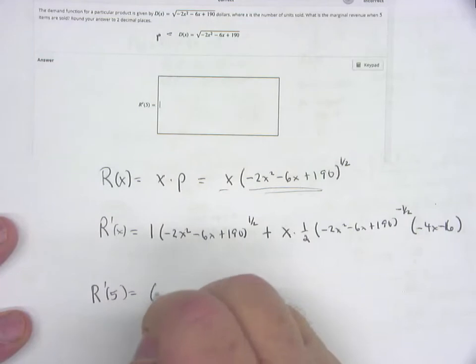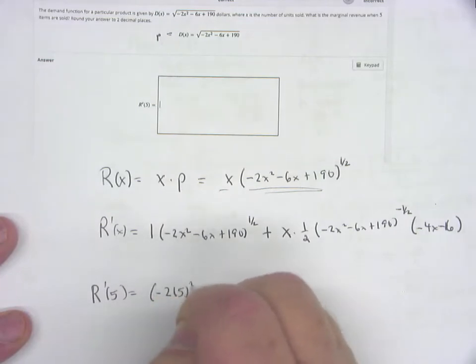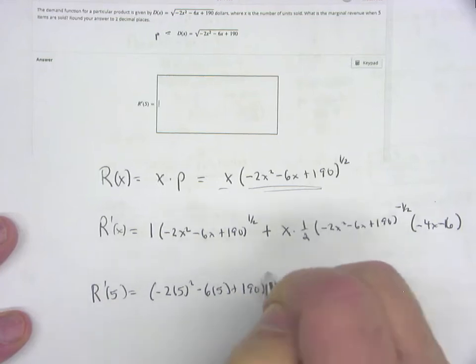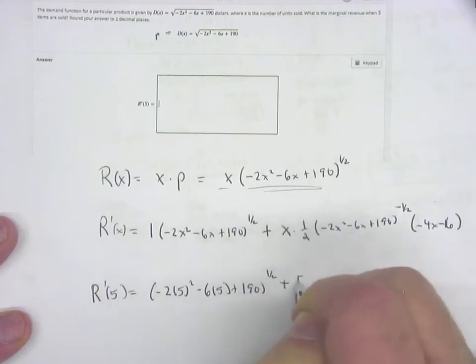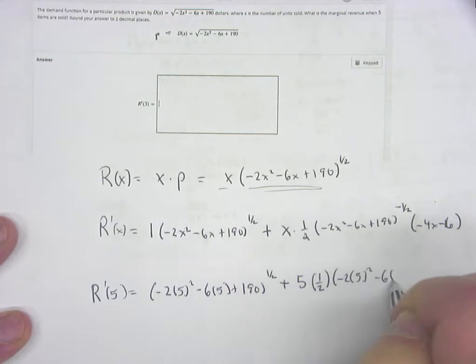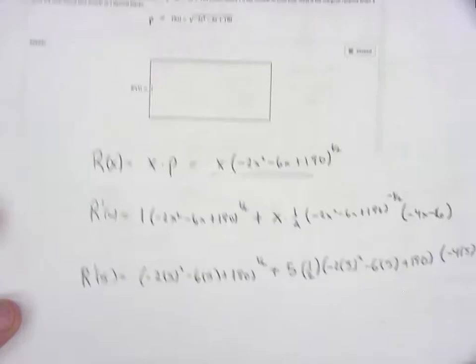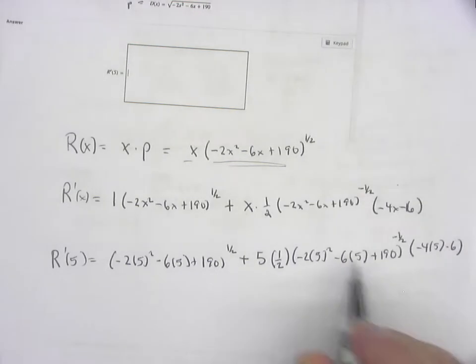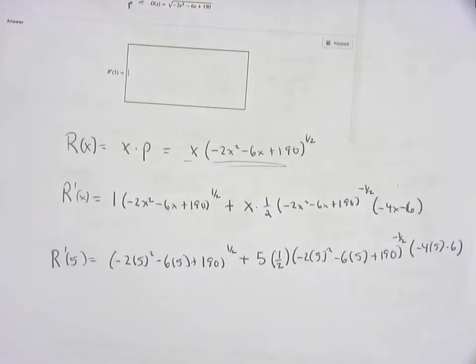So it'll be negative 2 times 5 squared minus 6 times 5 plus 190 raised to the 1/2 power plus x is 5 times 1/2 times negative 2 times 5 squared minus 6 times 5 plus 190 times negative 4 times 5 minus 6, to the negative 1/2 power. Right, thank you. All right, so now all I did was actually just plug in my 5.